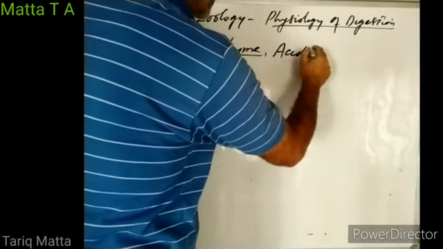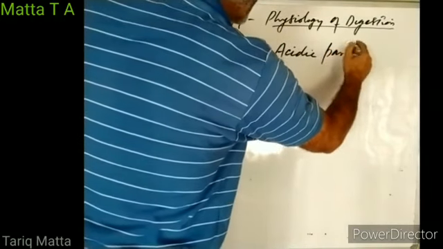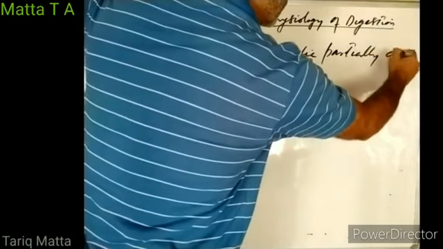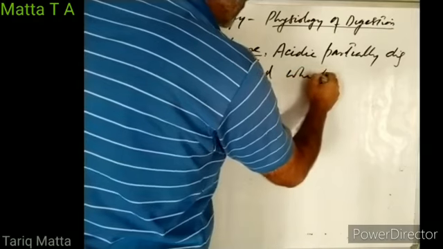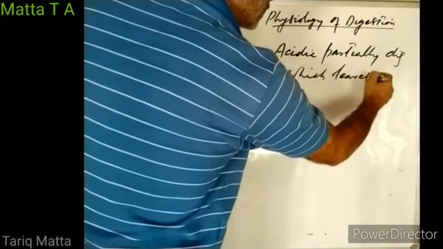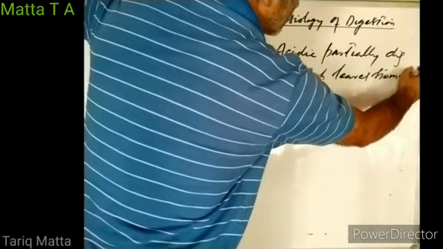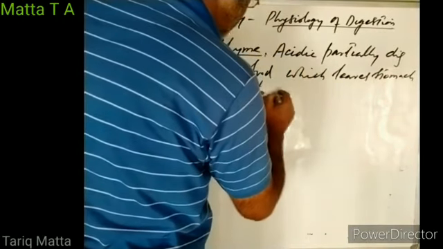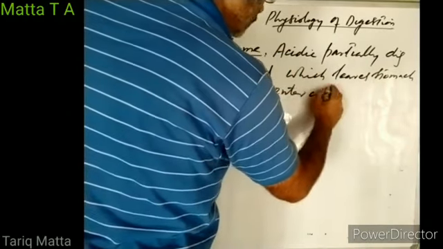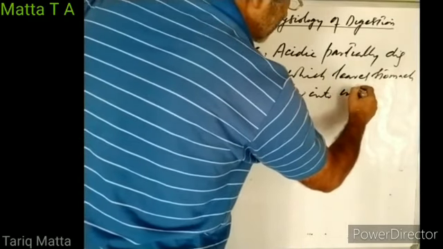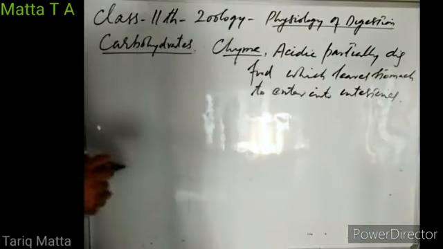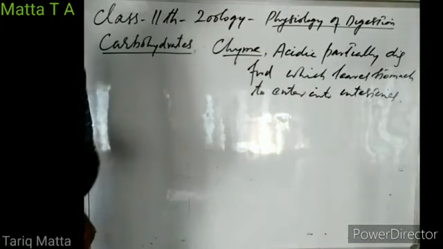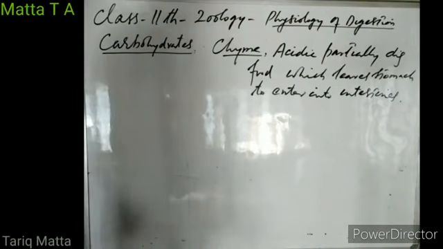So chyme is the acidic, partially digested food which leaves the stomach to enter into intestine for further digestion.